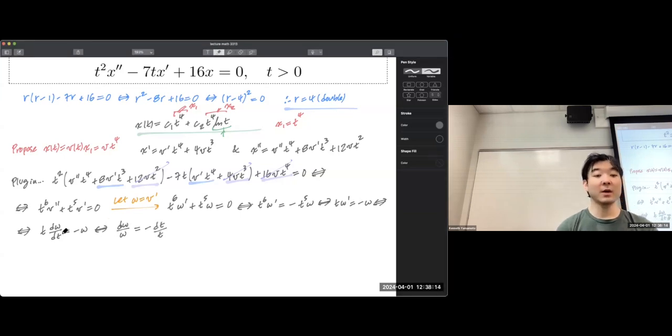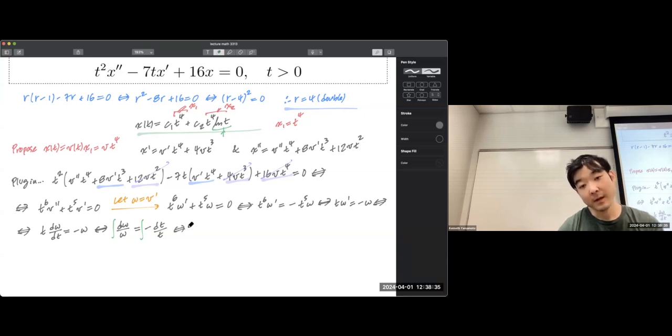This is separating, so I'm doing a lot in one step, but I'm dividing both sides by w, dividing both sides by t, and then multiplying by dt. And that'll separate this. Now that it's separated, you just take the integral of both sides.